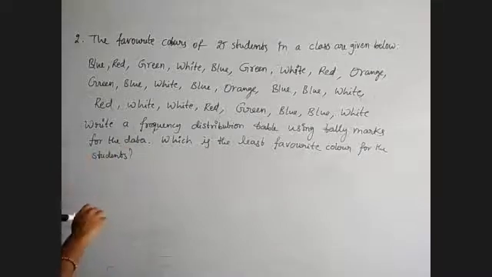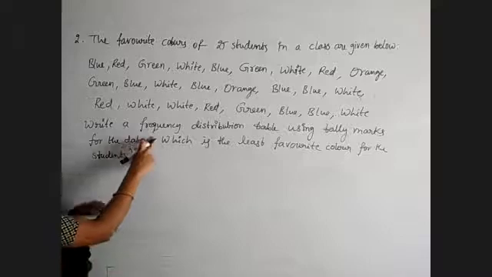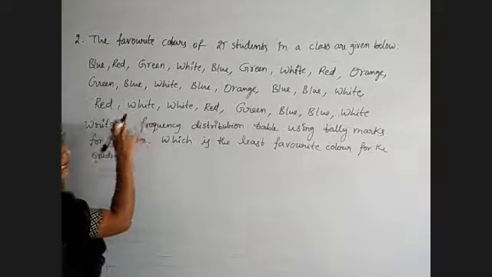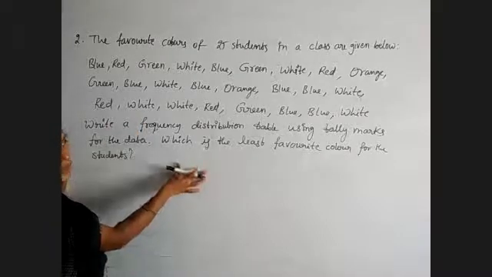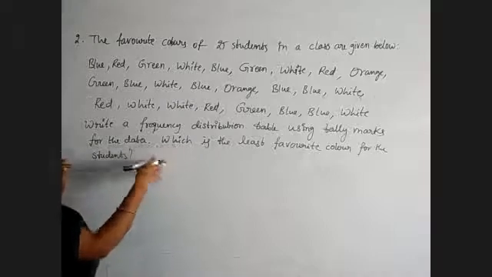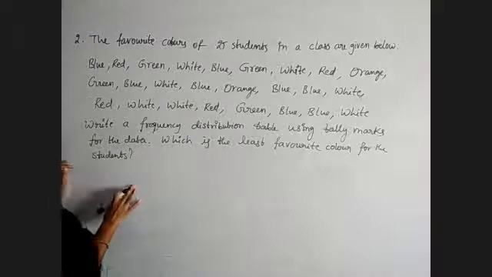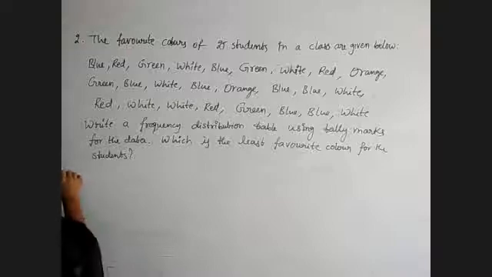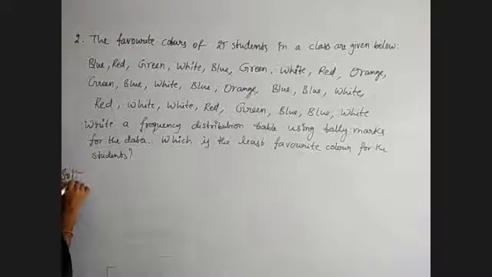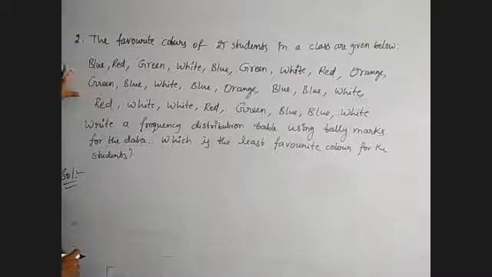Okay, first we need to prepare a frequency distribution table for this data, and then we need to write which color is liked by least number of people. So just this information is given for students, yes or no? And it depends upon different colors, type of colors. So here observations are colors. Okay, and frequency is number of students.